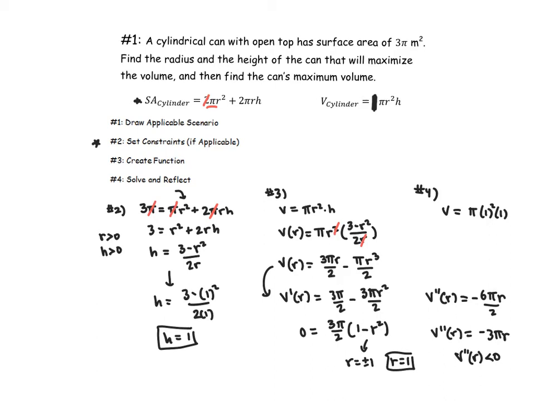I plug in a 1 for r and a 1 for h, and the volume of this cylindrical can being maximized would be pi, what is it, centimeters? Am I working with... no, meters cubed. And that will happen with a radius of 1 and a height of 1.